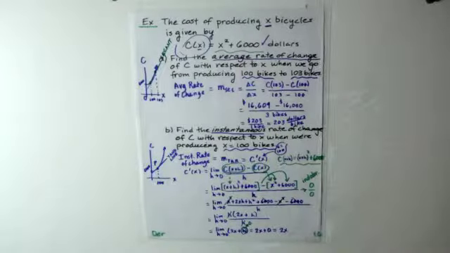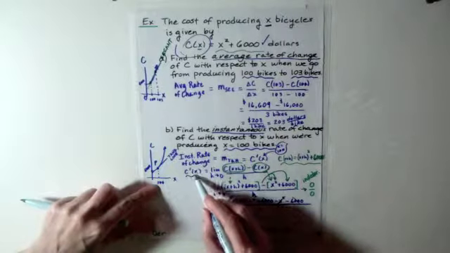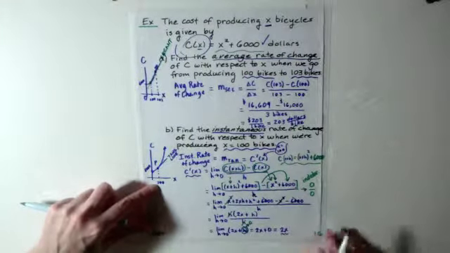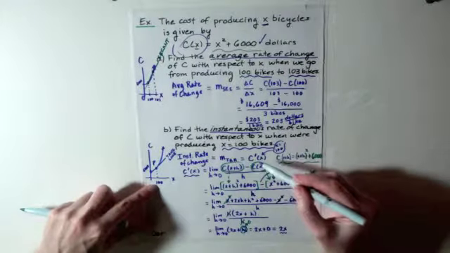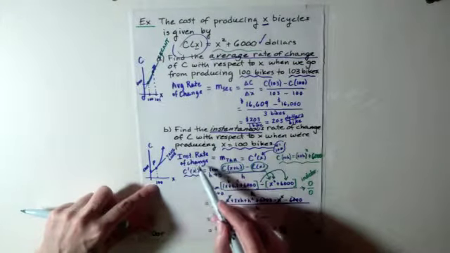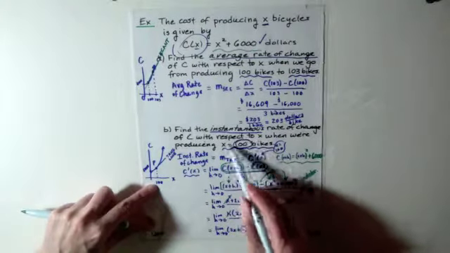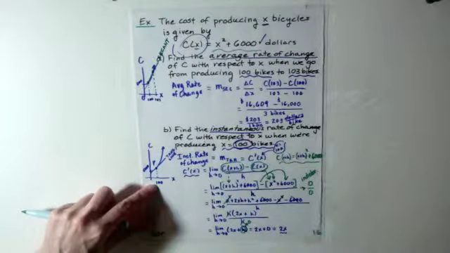Okay, that was a long derivation, but what did we just find? We just found c prime of x is equal to 2x. Now remember, what we really wanted was the instantaneous rate of change of c with respect to x when x equals 100 bikes.